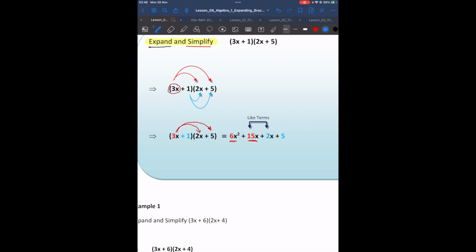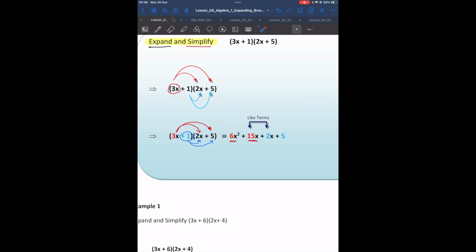What we're then going to do is multiply the 1 in the first bracket by everything in the second bracket. So 1 times 2x will give us 2x. And then 1 times 5 will give us this plus 5 at the end. So we're going to end up with 2x plus 5.